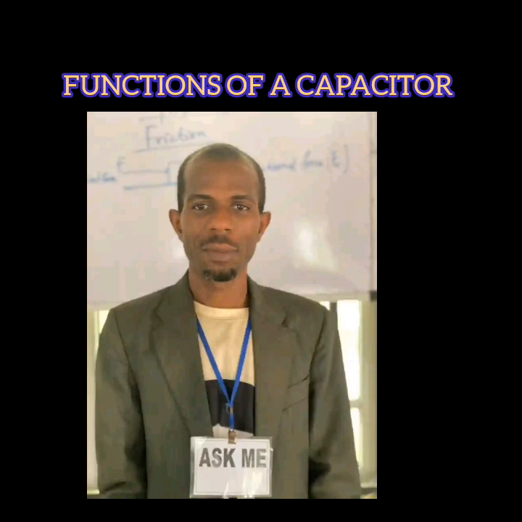Number three, the dielectric between the plates, the thickness or density of the insulating medium, is directly proportional to the capacitance. So capacitance is directly proportional to the area and inversely proportional to the distance separating the two plates. That is where we then have the permittivity as our constant in this case.